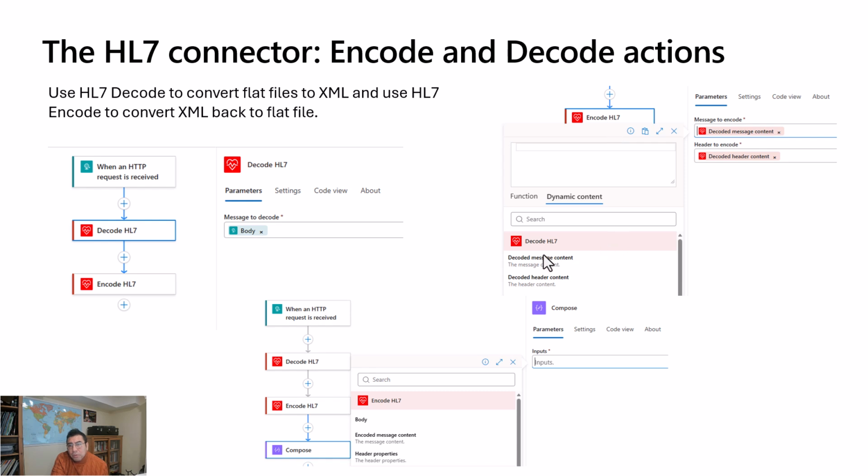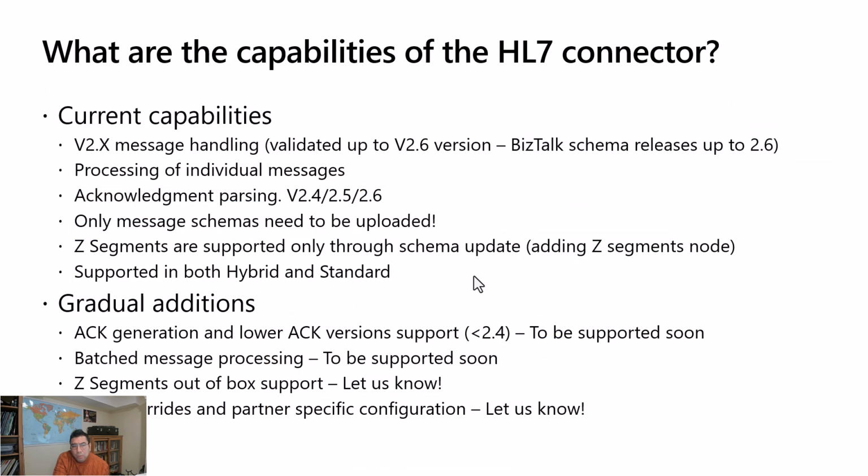This encode has available the decoded message content and the decoded header content that came from the flat file, from the outcome of the decode operation. Then the encode operation will return in the end an encoded message content and header properties as well. We will see a sample of this so then it becomes clearer.